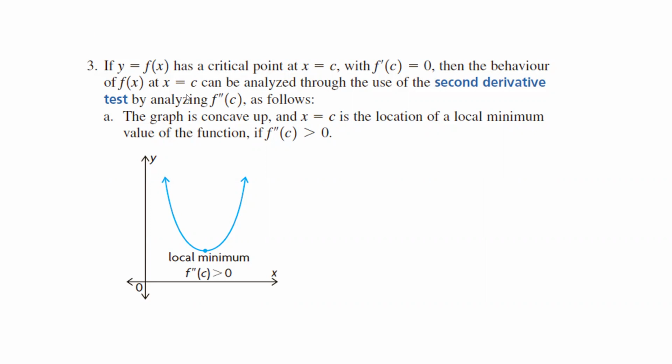So let's say you find this critical point C, x equals C, right? And if your second derivative is greater than 0 at this point, it doesn't equal 0, right? Because if it equals 0, we have an inflection most of the time.